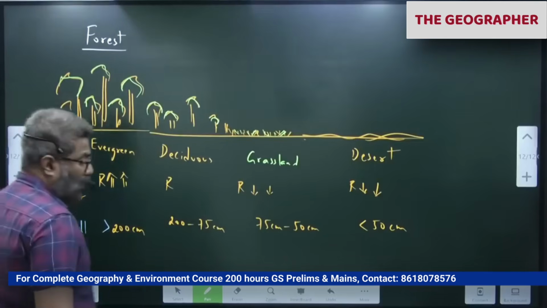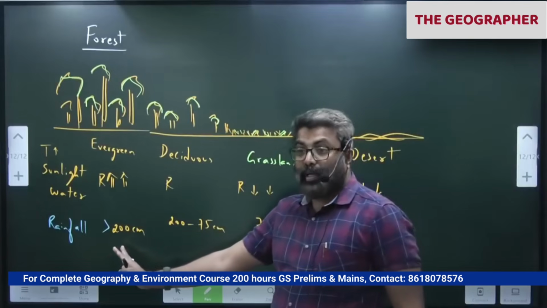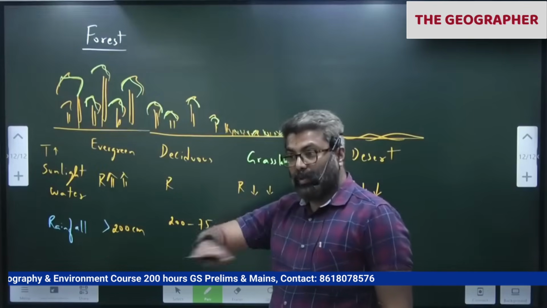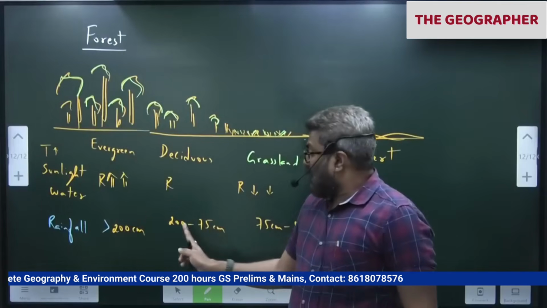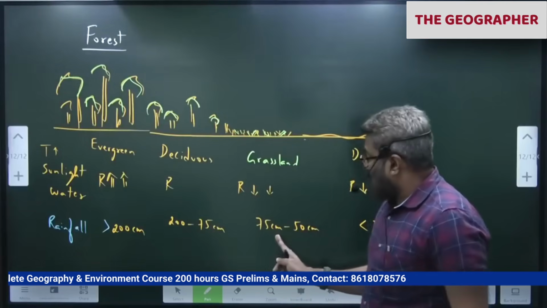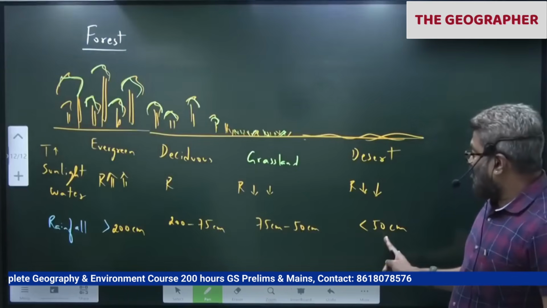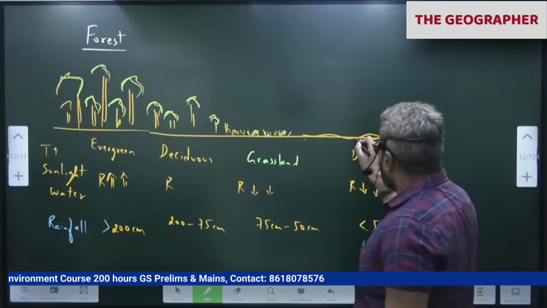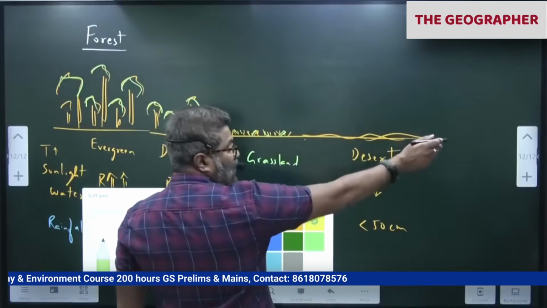So I have written here: in the rainforest, rainfall is more than 200 centimeter per year. More than this, it can be 1000 also. But in deciduous, 200 centimeter to 75. Grassland, 75 centimeter to 50. Less than 50 is deserts, where there is no moisture. As a result, no vegetation.